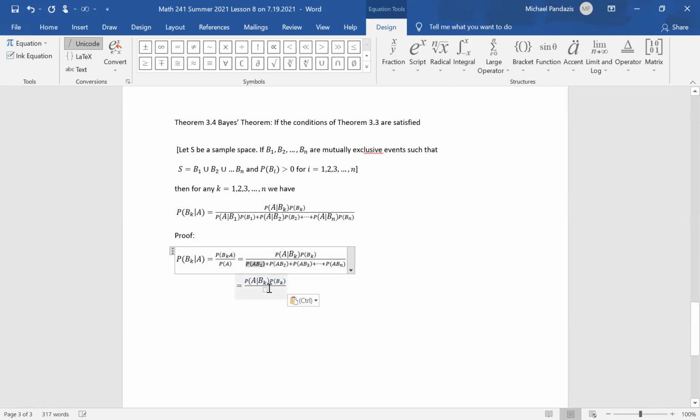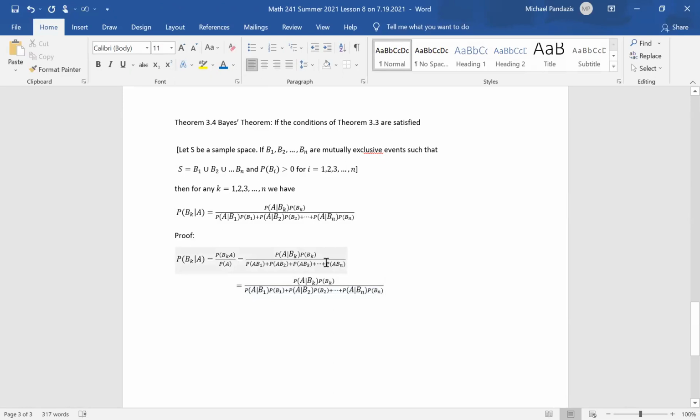The denominator, the probability of AB1 is the same as the probability of A given B1 times the probability of B1, plus the probability of AB2 is the same as the probability of A given B2 times the probability of B2, plus dot dot dot plus the probability of ABn is equal to the probability of A given Bn times the probability of Bn.